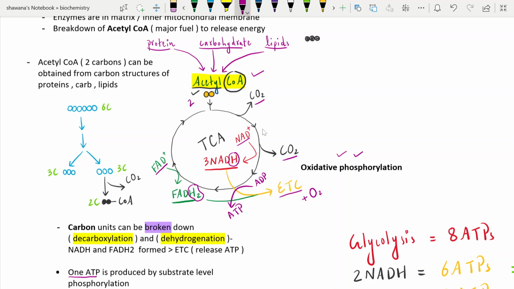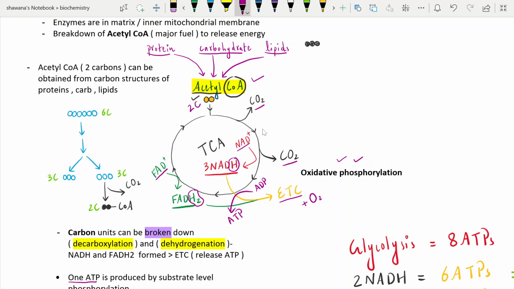The two carbon compound is known as acetyl CoA, and that is what is used in the Krebs cycle, the tricarboxylic acid cycle or citric acid cycle. Acetyl CoA is the major fuel for the Krebs cycle. The Krebs cycle cannot use any other compound or substance in place of acetyl CoA.